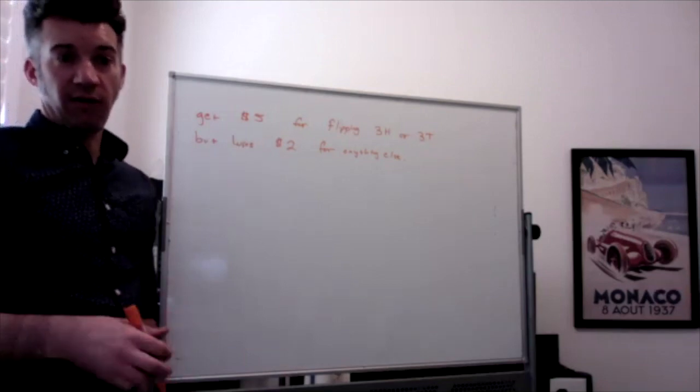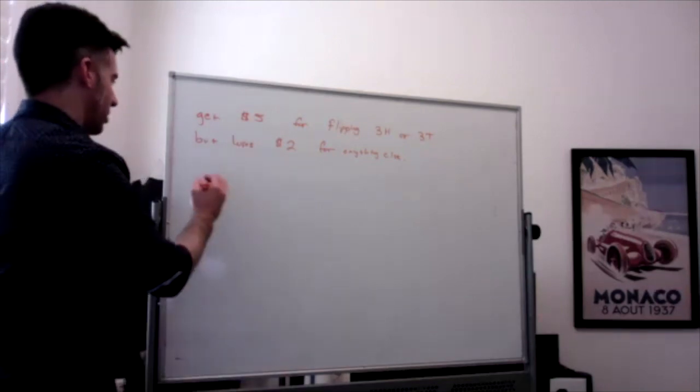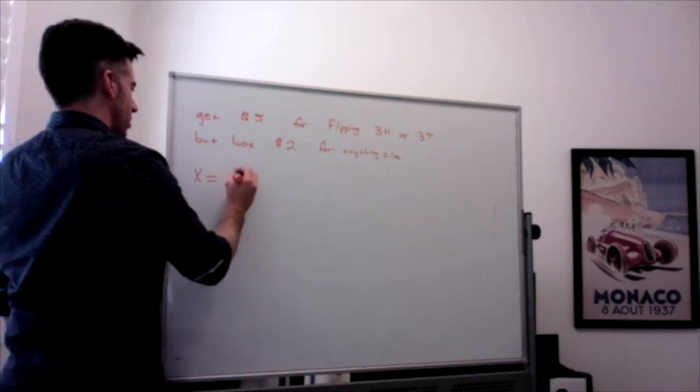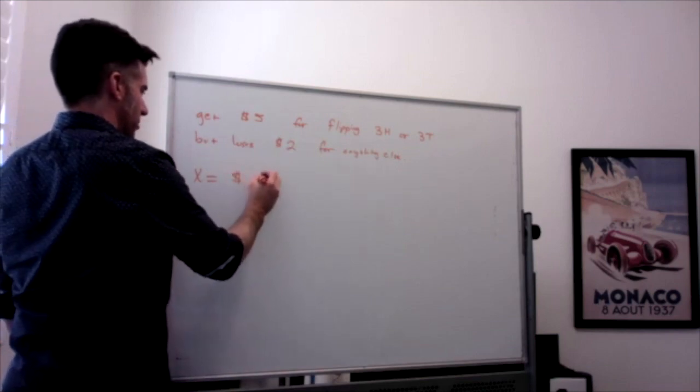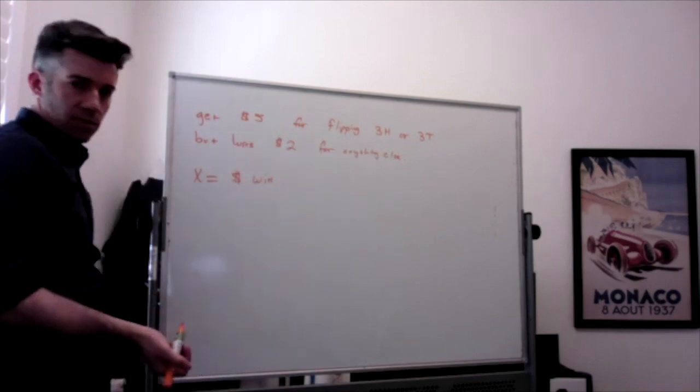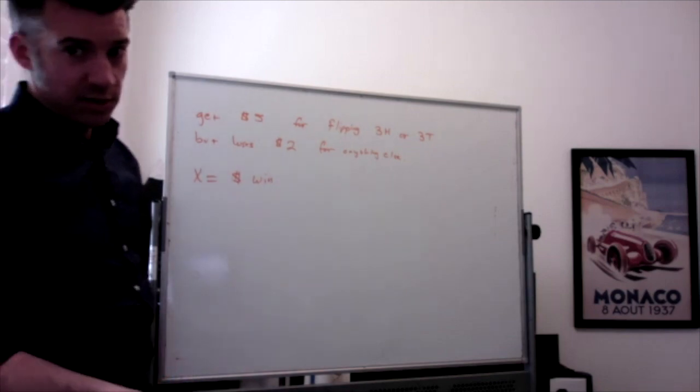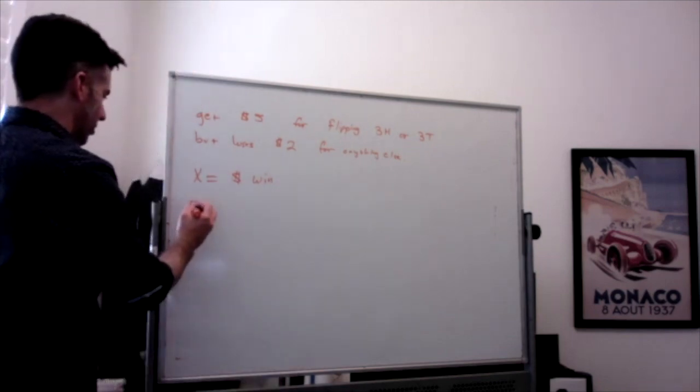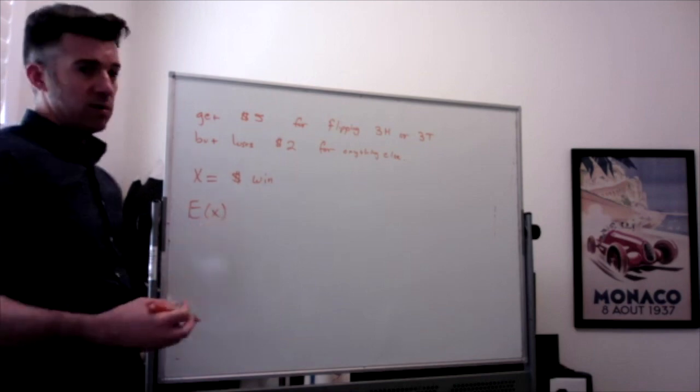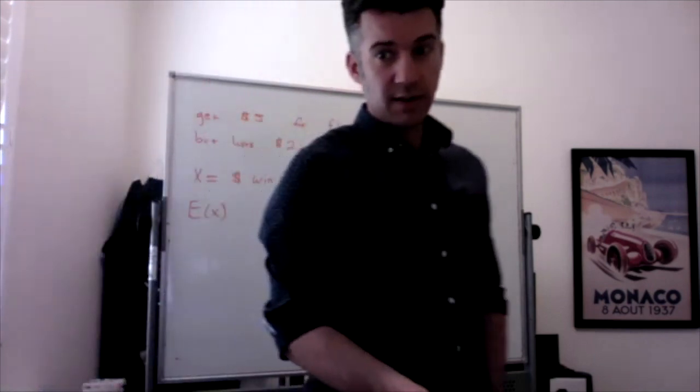So the idea here is we want to find the expected value. We're going to let x equal the amount of dollars that we win. We want to find the expected value of x. We want to know what we expect to average out winnings-wise.